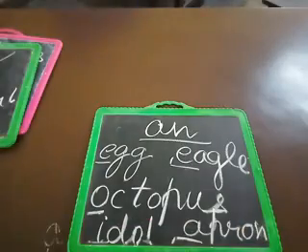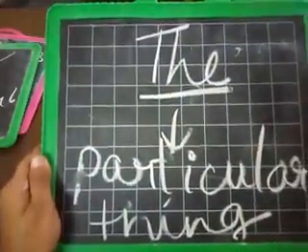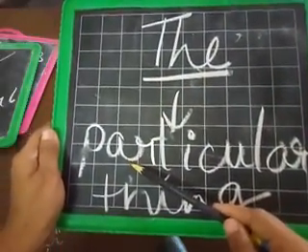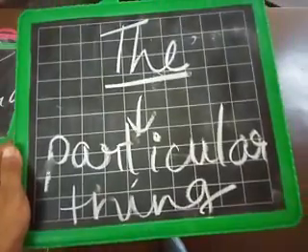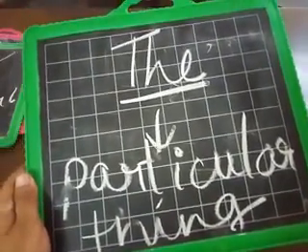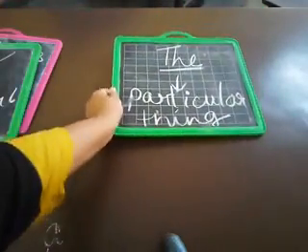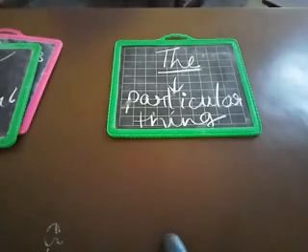Now it's turn to move on to the. We'll move to the. The is used for particular things. The is used for particular things, means किसी जब हम fixed person, place या animal की बात करते हैं.